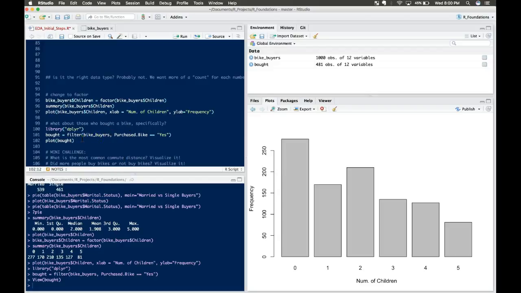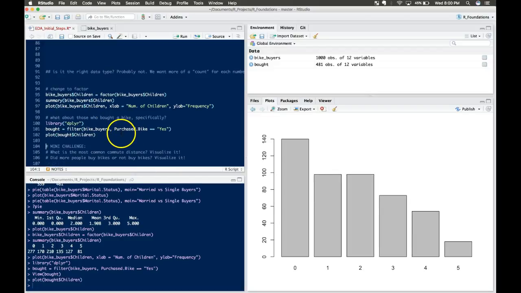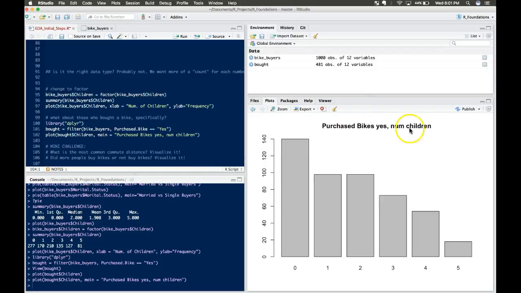So I'll show you right here that you have access, just like with the bike buyers data set. It'll help you autocomplete. So right here, now we've visualized, if we say here main equals purchased bikes, yes, you can probably come up with a better title, but now it's a little more descriptive.